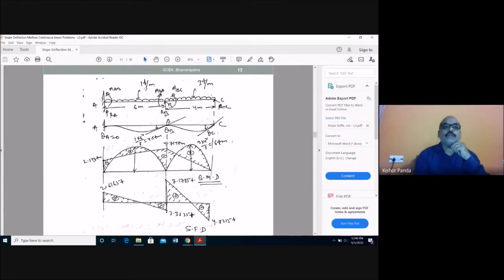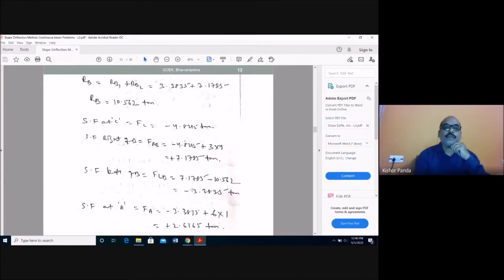The total force is 1 into 6, that is 1 ton per meter over 6 meters. So you have to add this force: shear force just left of B plus 1 into 6. Here you got the shear force at A equal to 2.6165 ton, which is equal to RA.